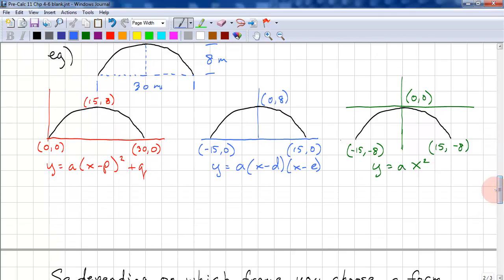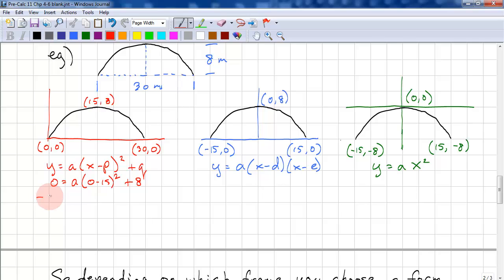So how do we model this? We have this formula. We just plug in a point. 0 equals a. Plugging in the origin is an easy point. And we can determine a.